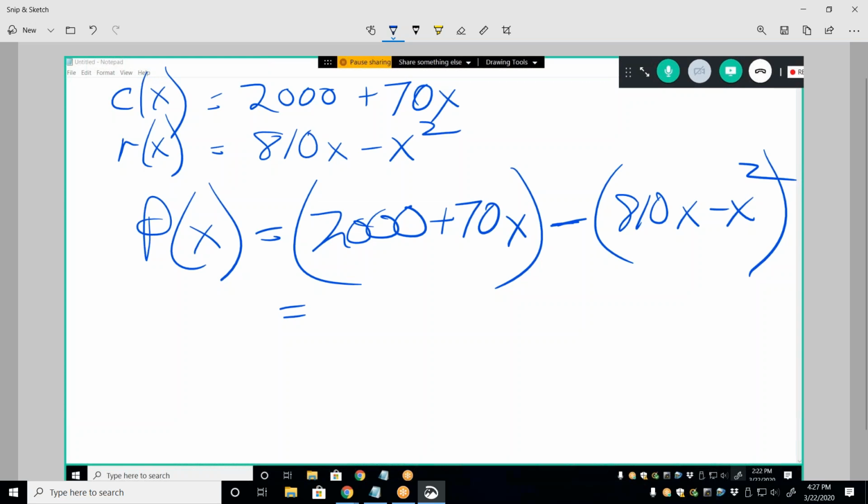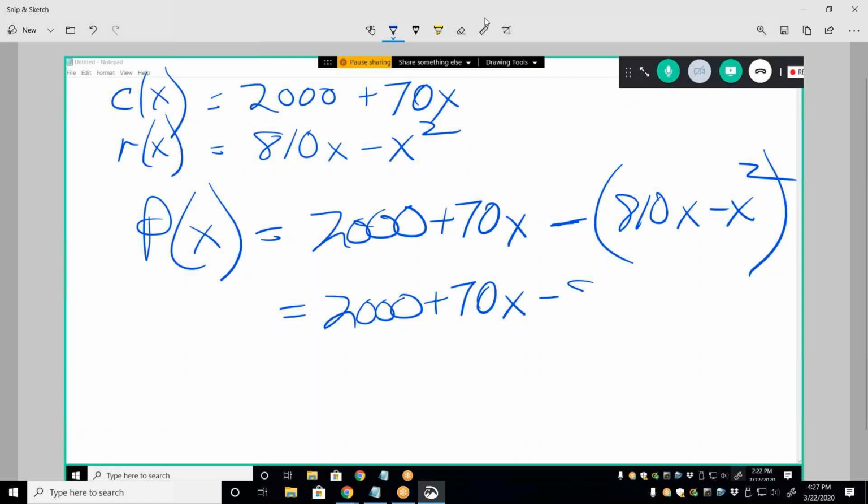Remove parentheses. I can remove those without doing anything, but I can't remove the second ones without doing anything. So what's the final function here? 2000 plus 70X minus 810X plus X squared. Let's simplify it.